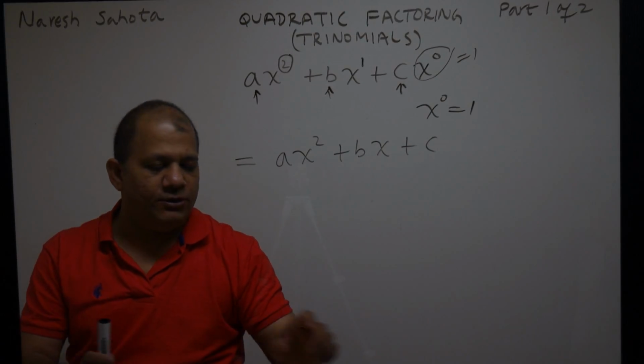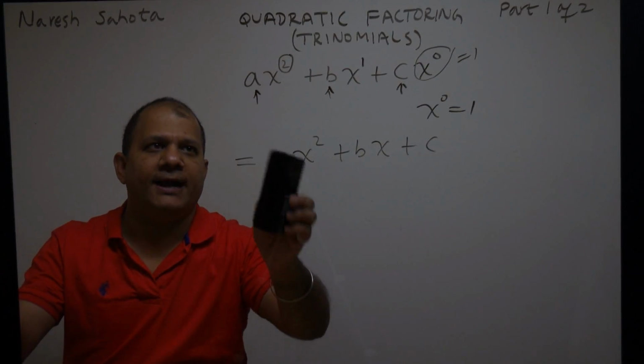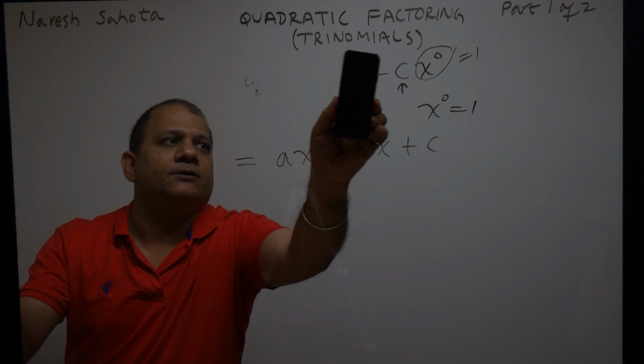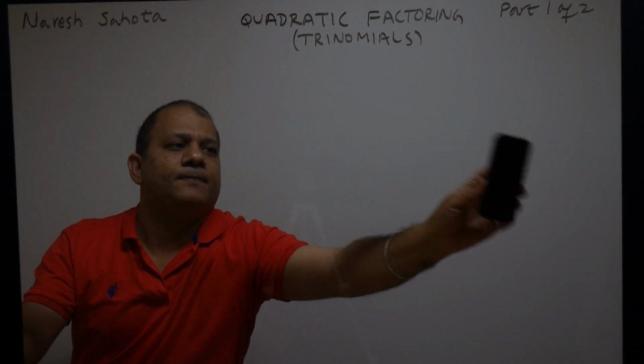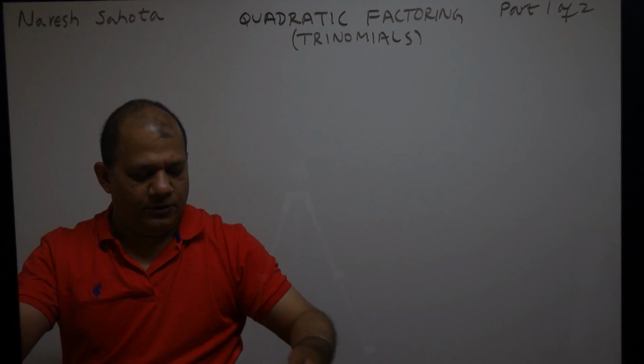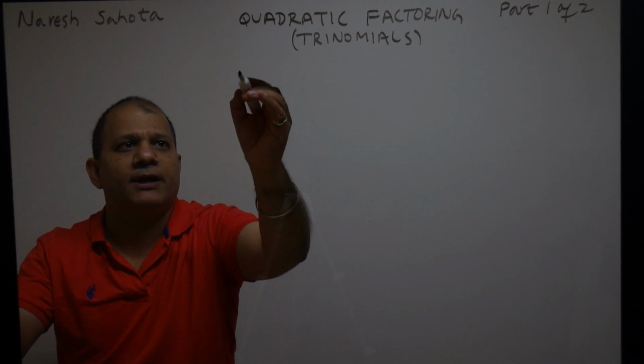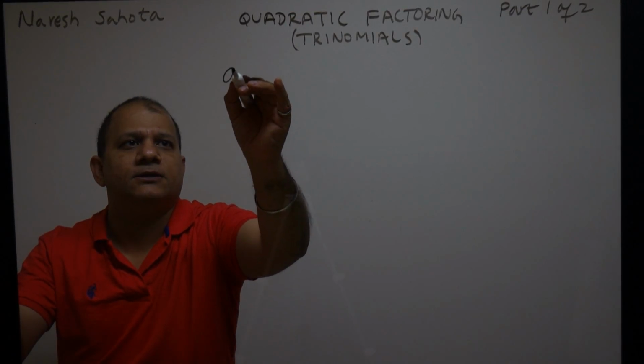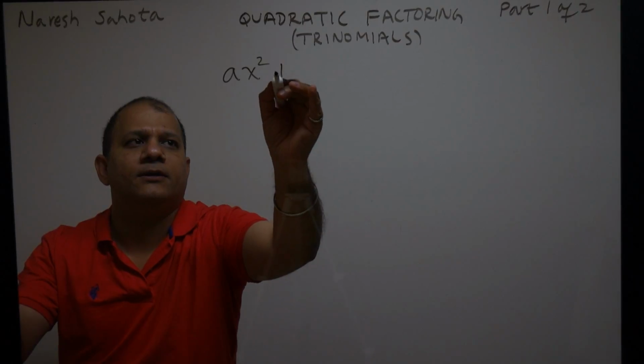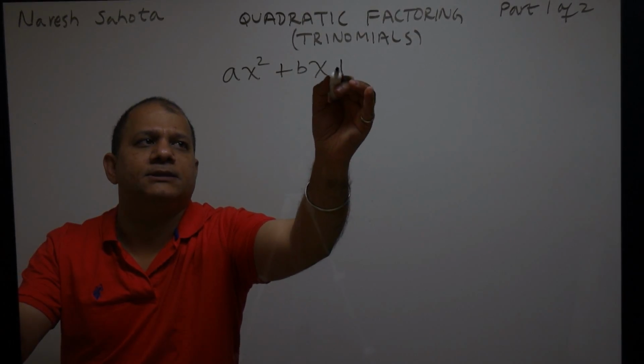Okay, so now we're going to learn how to factor trinomials. I'm just going to write this at the top: ax squared plus bx plus c.